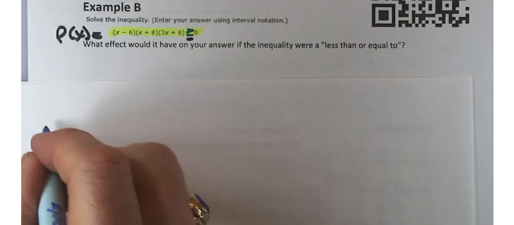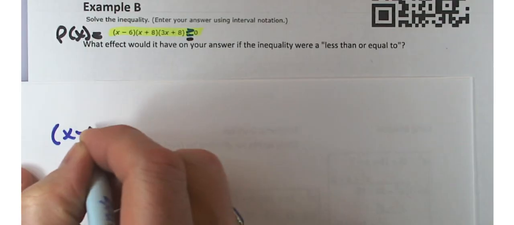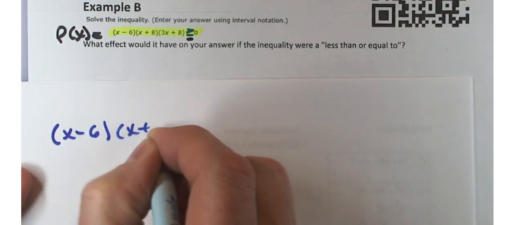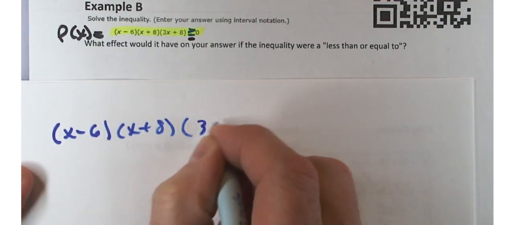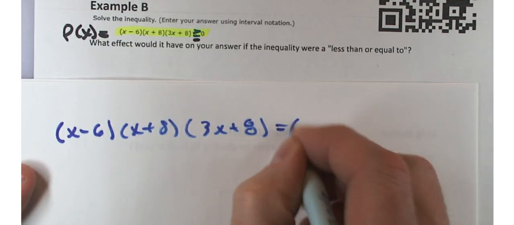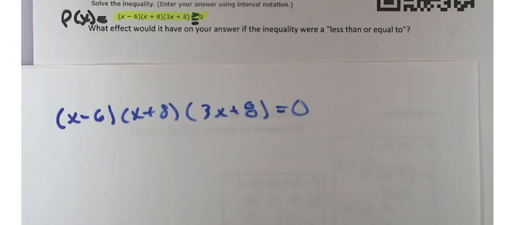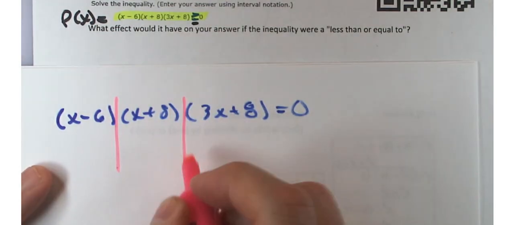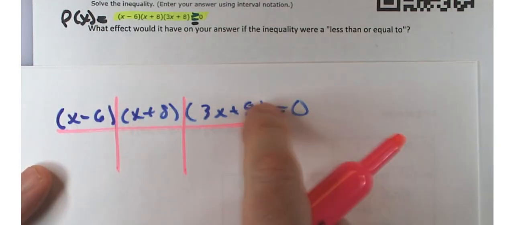So let's see, we've got x minus 6 times x plus 8 times 3x plus 8. And I want to know where that's actually equal to 0. Okay, so let's work with that. Well, a couple of these you should be able to read off, right? So we've got this times this equals 0.